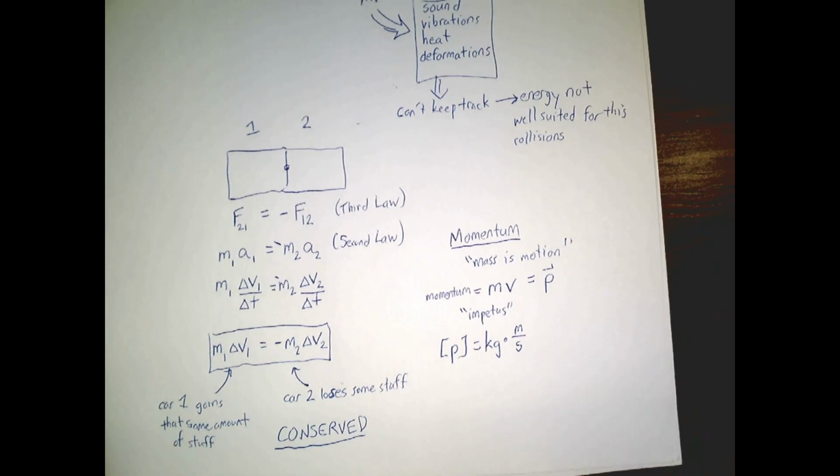Momentum is the thing that's conserved in a collision. So if we can figure out how much momentum we have before in a collision, we can use that to show that the amount we end up with is that same amount.